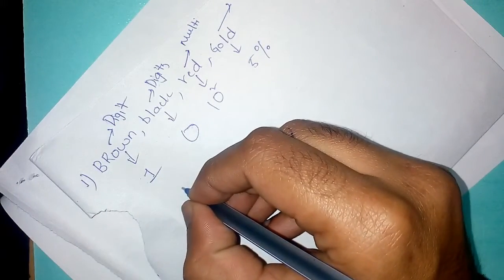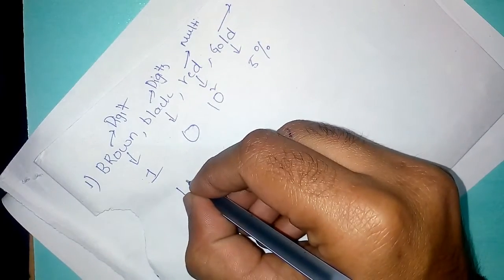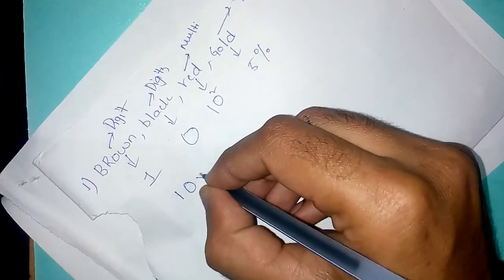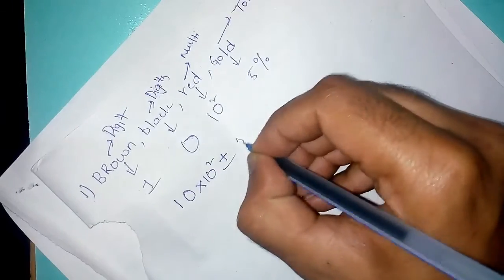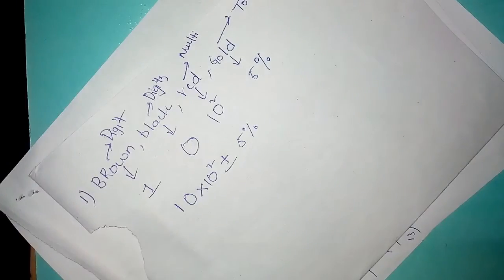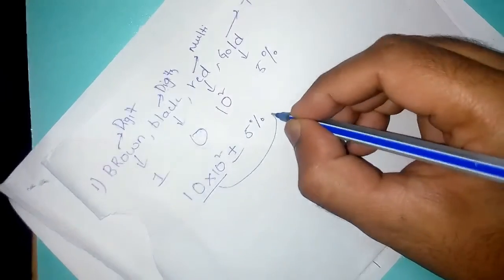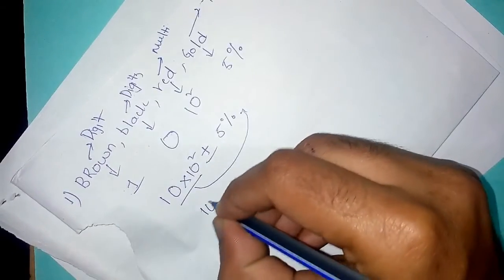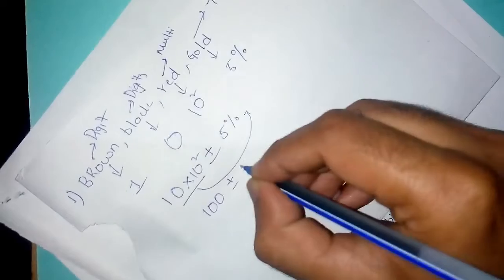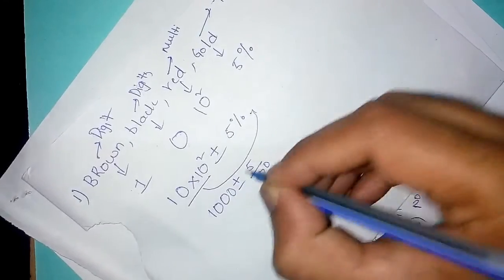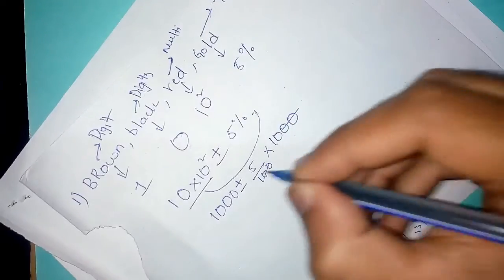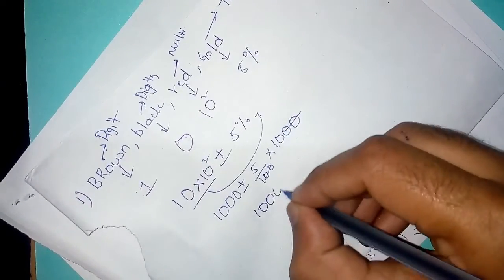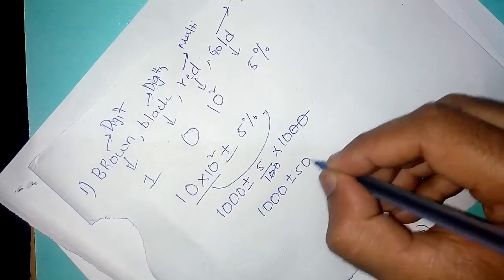So when we consider this, we will get the numerical value 10 into 10 square, plus or minus 5% of this value, that is 1000 plus or minus 5 by 100 into 1000, that is 1000 plus or minus 50 ohm.